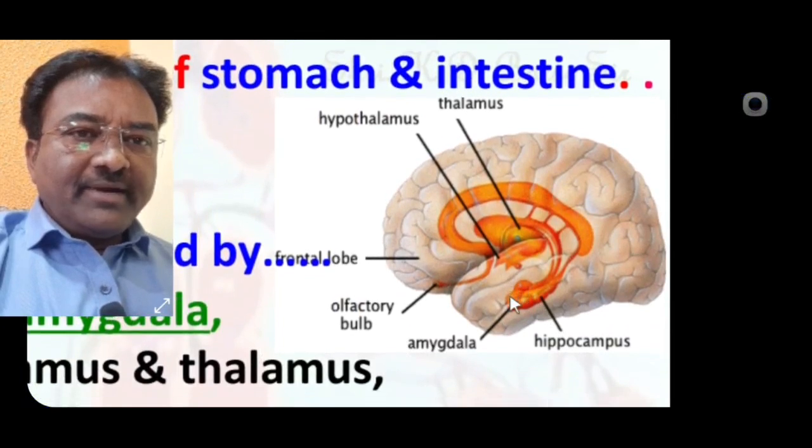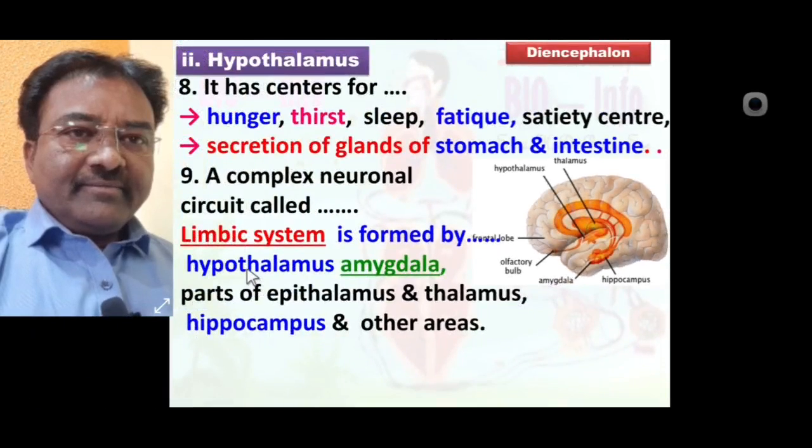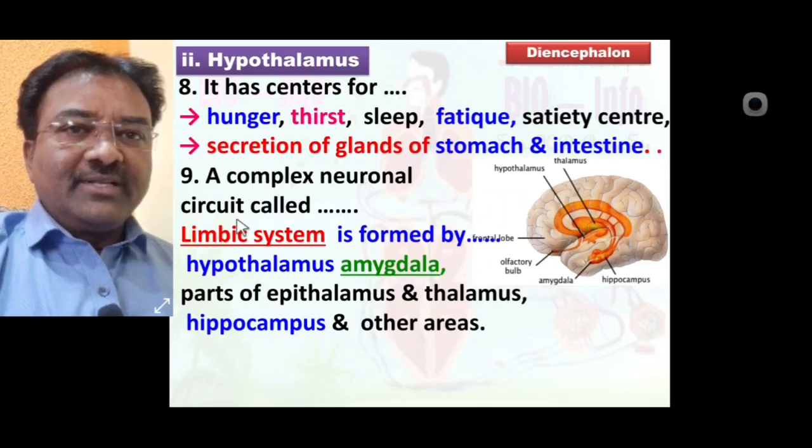So all these parts are formed into the limbic system, a complex neuronal circuit.